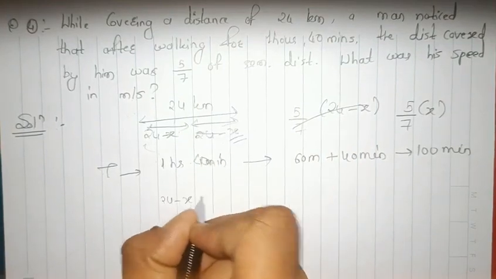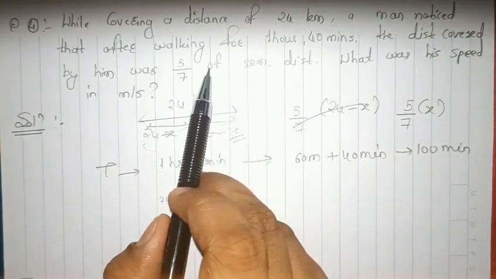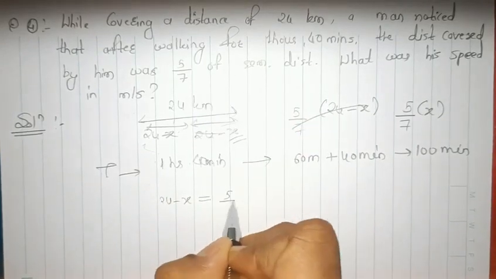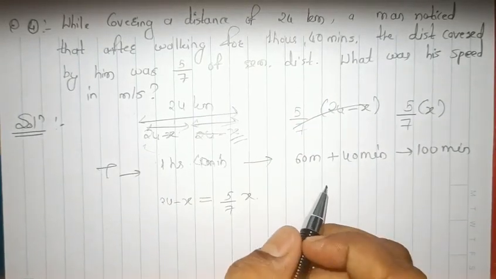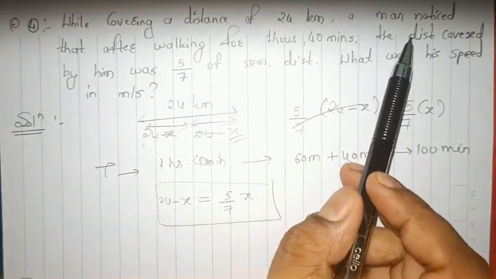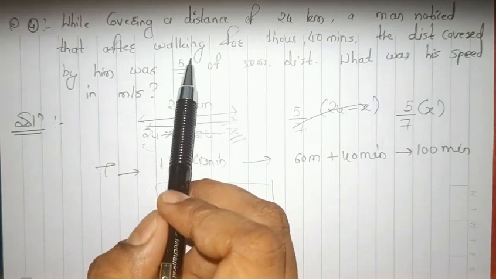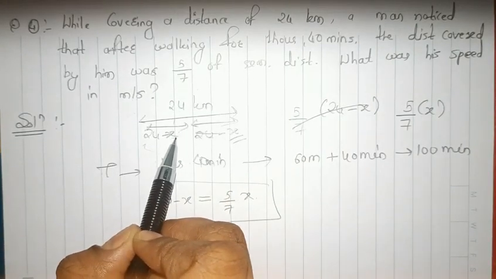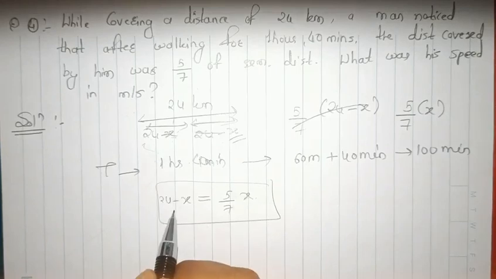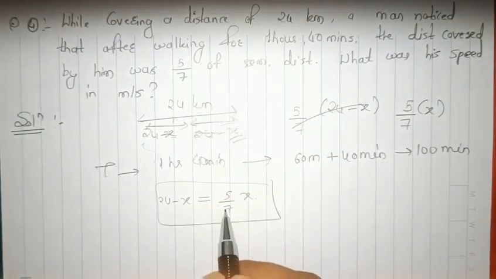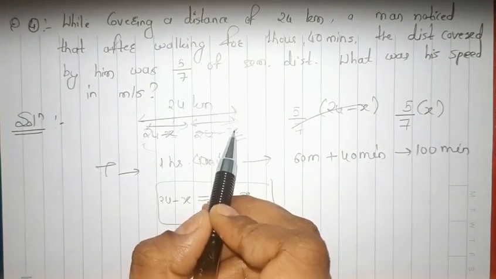So 24 minus x is equal to 5/7 of the remaining distance, so this is 5/7 of x. You got it? How we got this equation? The distance covered by the man was 5/7 of the remaining distance. So 24 minus x is our covered distance, the distance covered by the man. So 24 minus x is equal to 5/7 of x, which is our remaining distance.